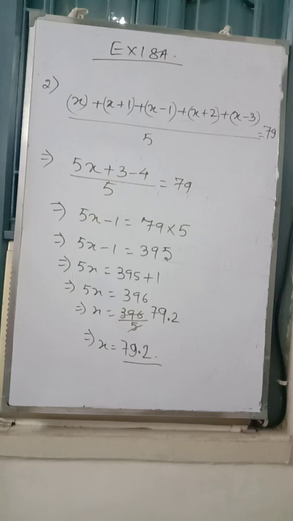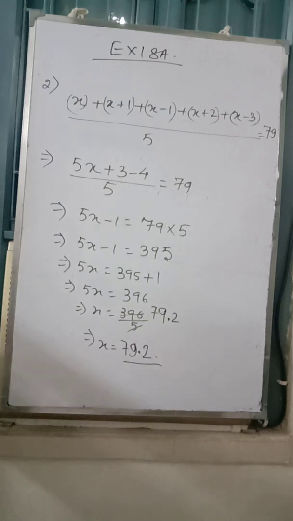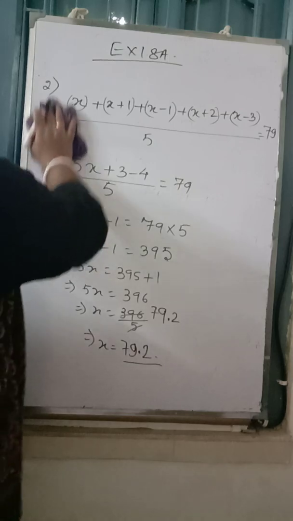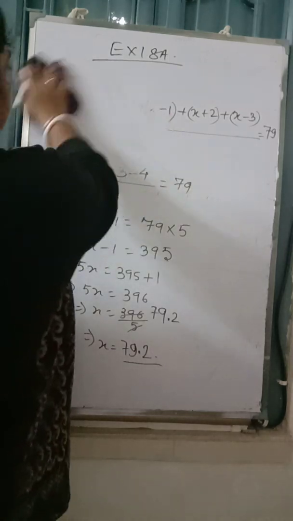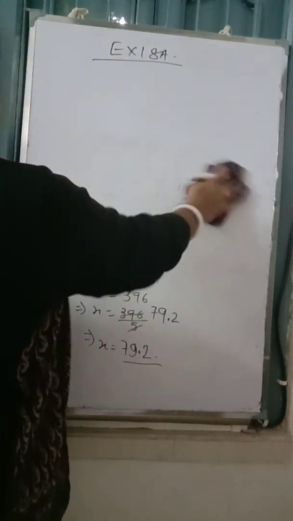Number 3 you have to do. Now range is equal to maximum minus minimum. Otherwise I will do number 3, number 4 you will do. Okay. So look at number 3. The heights of 10 girls are given.